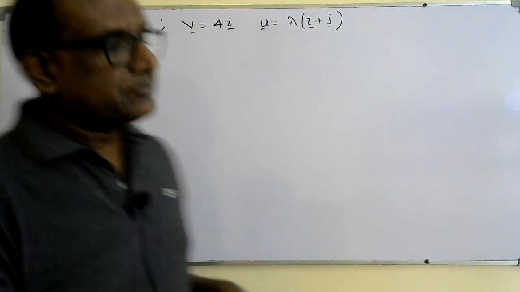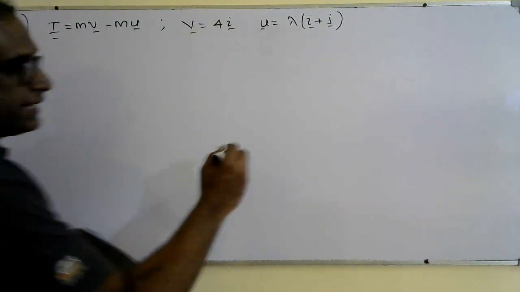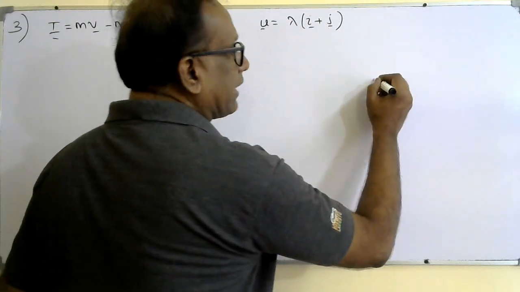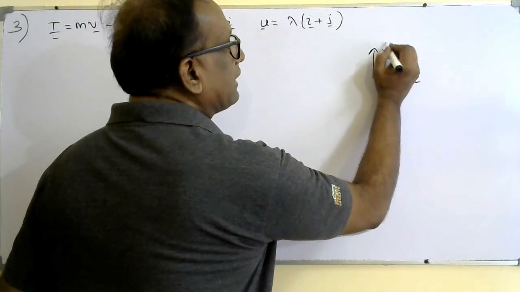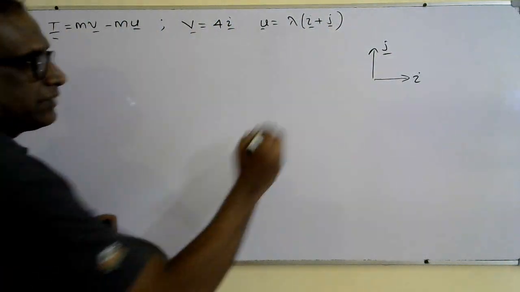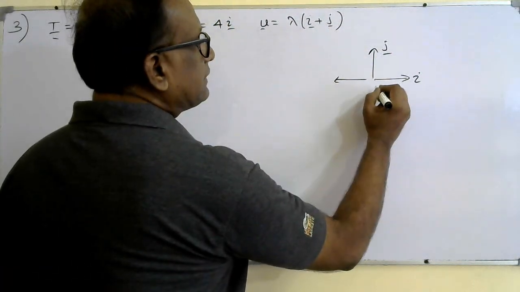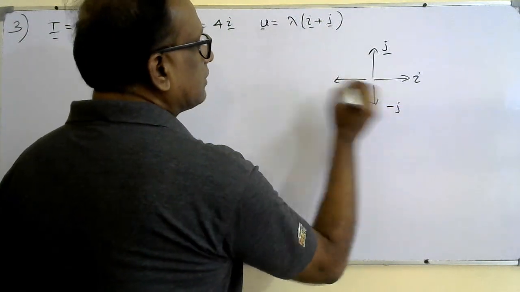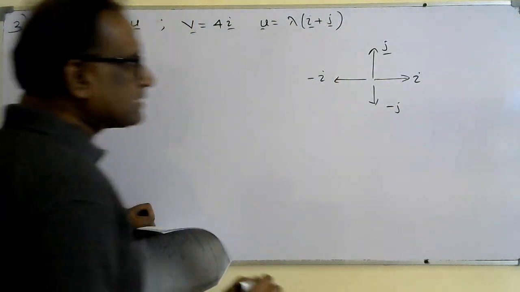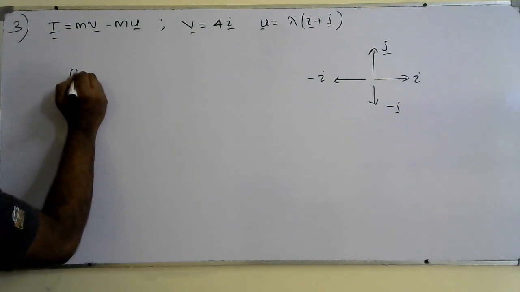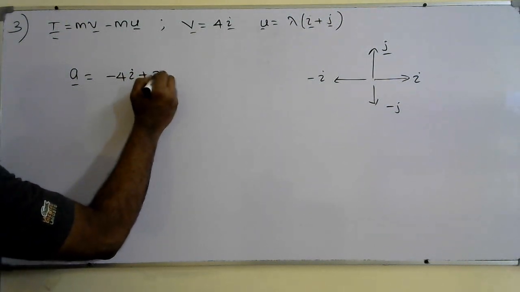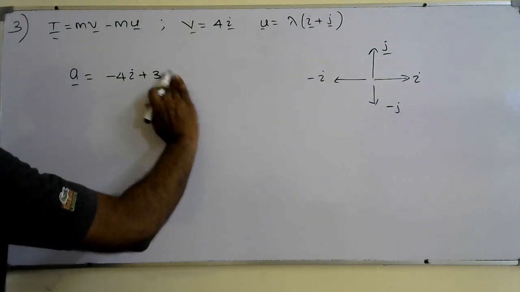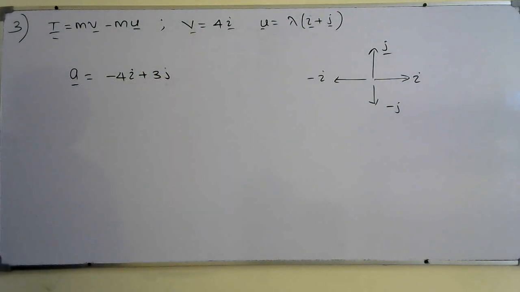Okay, for example, the direction of i is taken towards the right, the unit vector, and the direction of j is along the y direction, you know that. Minus i means towards left, minus j means towards down. For example, if a vector A is given by minus 4i plus 3j, how to show that on a diagram?